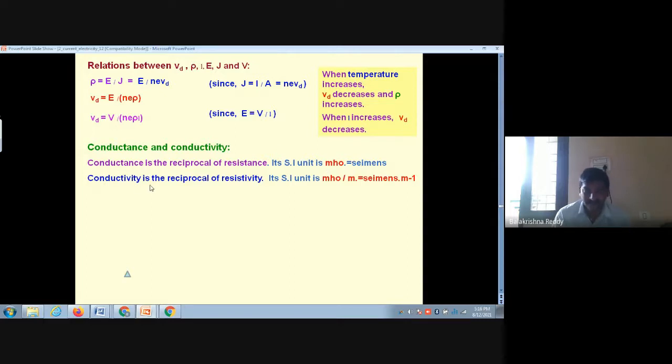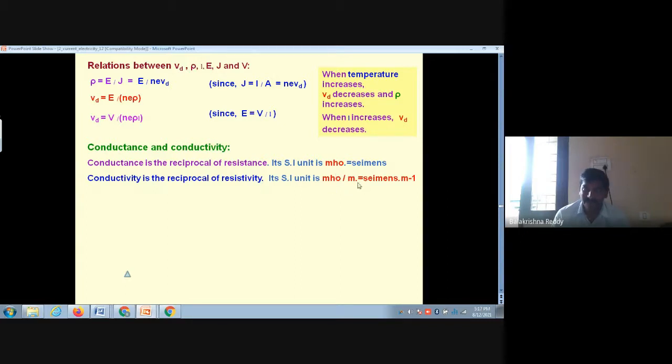Coming to the conductivity, conductivity is the reciprocal of resistivity. Conductivity is described in the SI unit system as mho per unit length. Since for resistivity we have written ohm meter, here ohm became inverse, and meter can be written as meter inverse also.